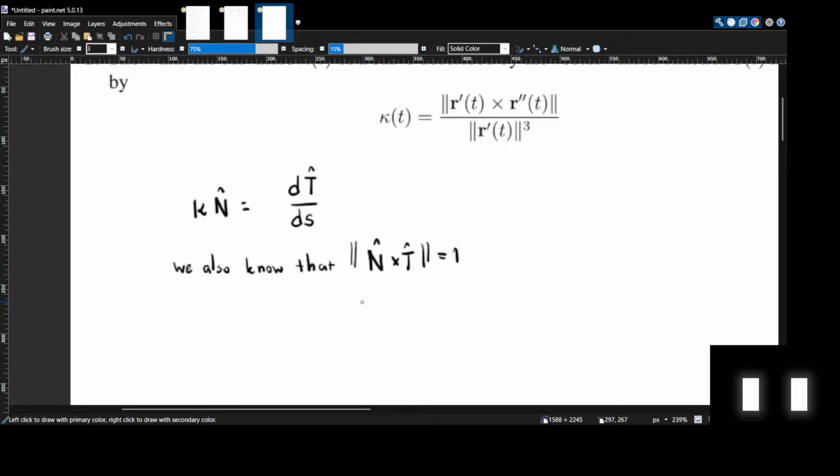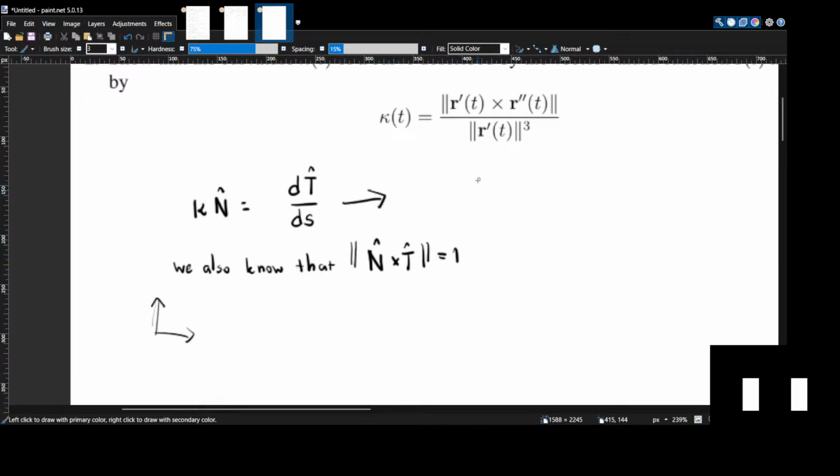The cross product means we're finding the component of the vector that is perpendicular to the other. If they're perfectly perpendicular to each other, you multiply their sizes together. If they are parallel to each other, it becomes 0. In our case, the size of n here is 1. The size of T here is 1. And we also know that the normal vector is always perpendicular to the tangent vector. Therefore, you take the cross product, you're going to get 1.